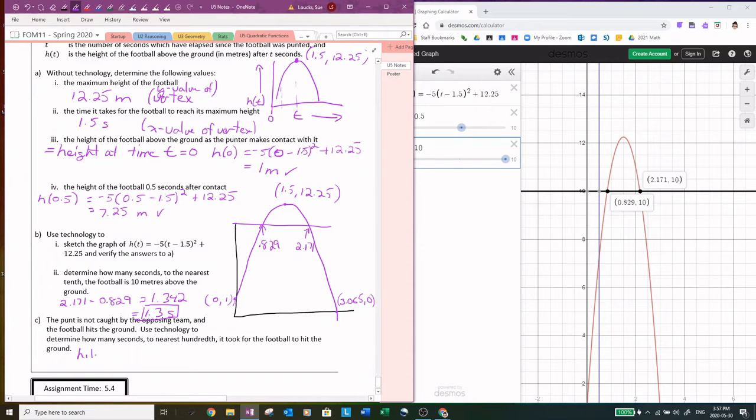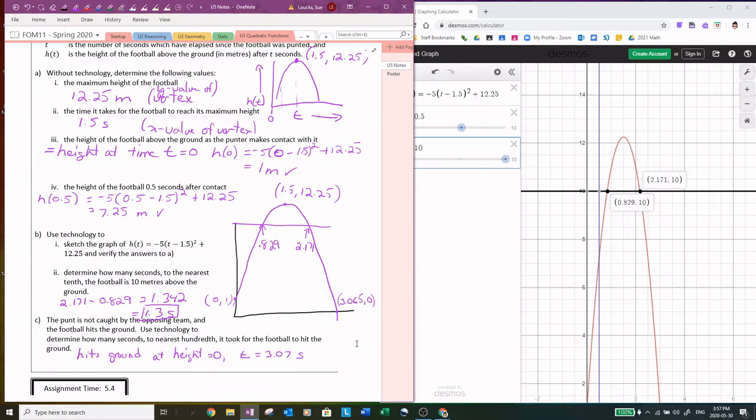So it hits the ground at height equals 0, which happens when t is 3.07 seconds, because we'd round that up. You will not be asked to calculate that without having access to technology, because that mathematics is beyond the scope of this course.